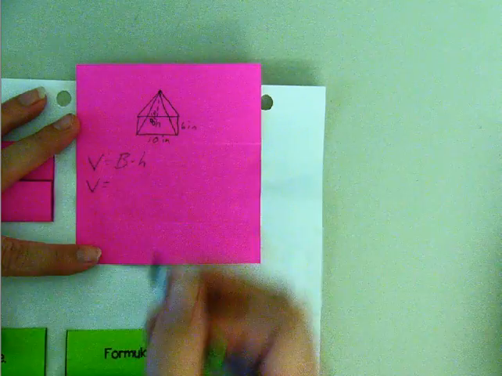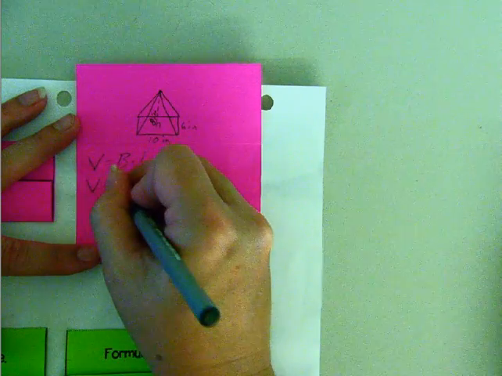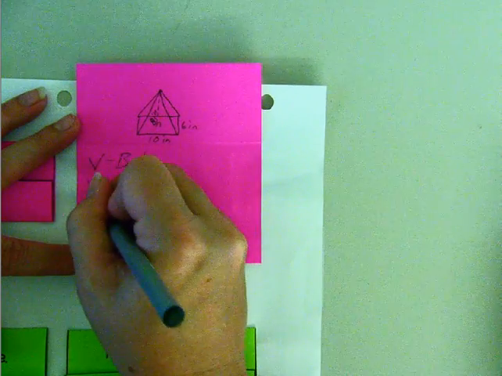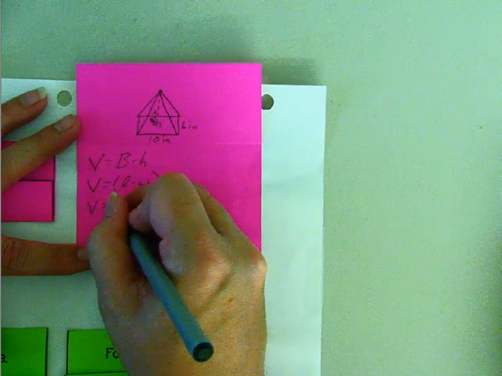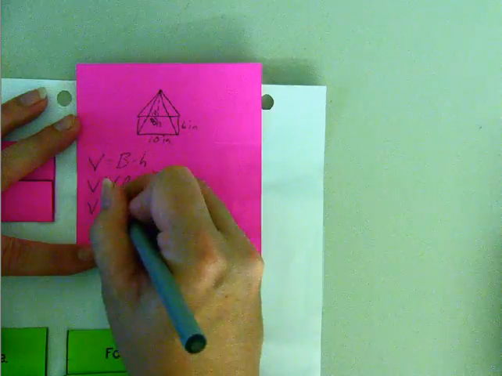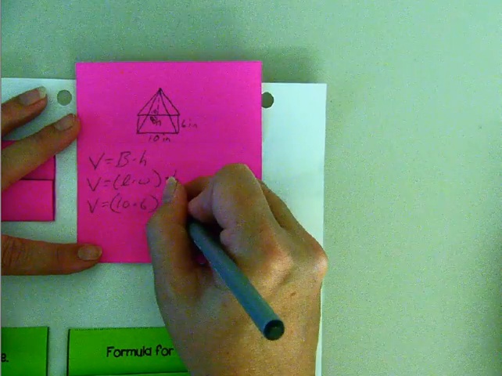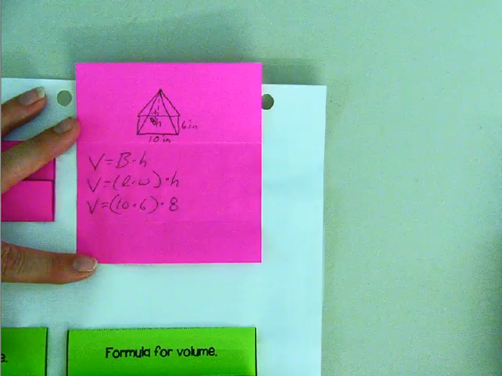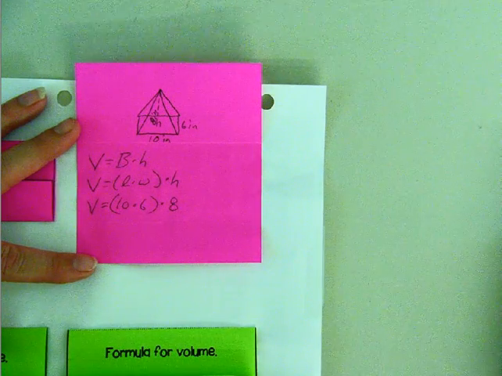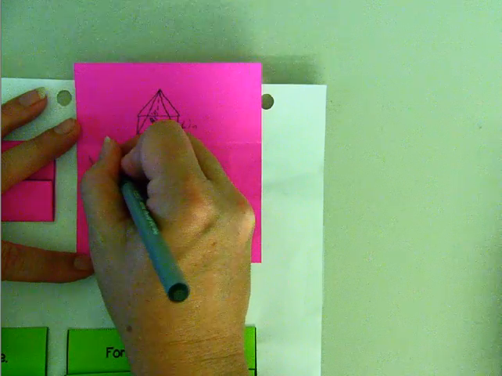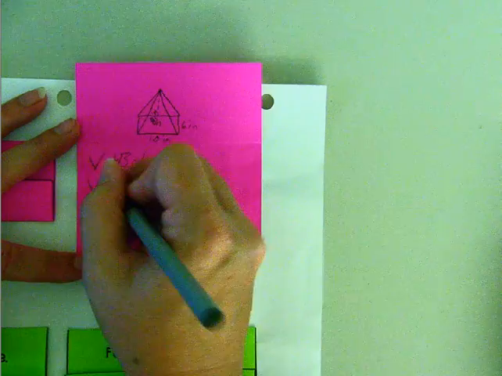So volume equals capital B times H. So for this one, our capital B is length times width. So we get 10 times 6 is my base. Those are my 2 dimensions for my base. And my height is 8. So that's what I'm going to plug into my calculator. 10 times 6 times our 8. Oh, and I almost forgot. 1/3 needs to go in front there.